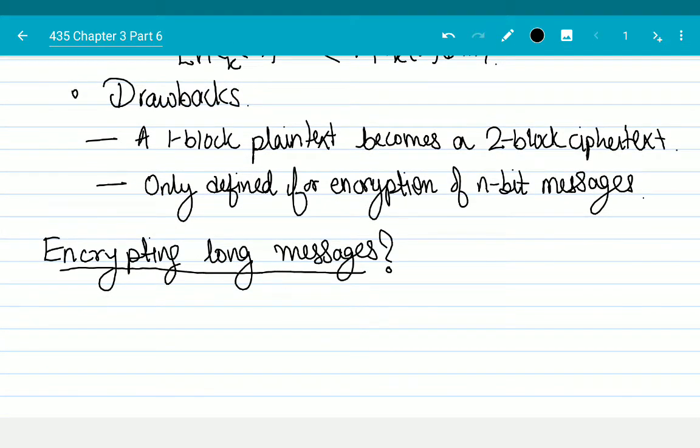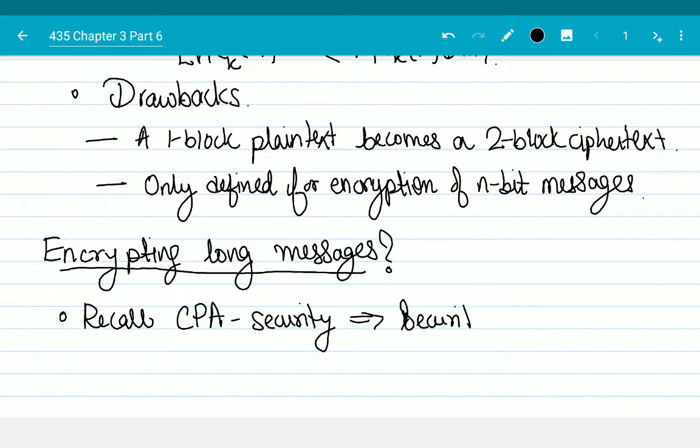And the good news is, recall that CPA security implies security of multiple messages.